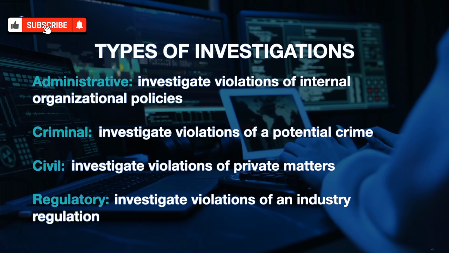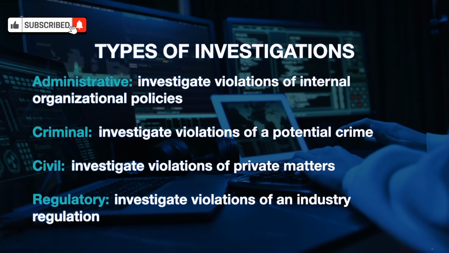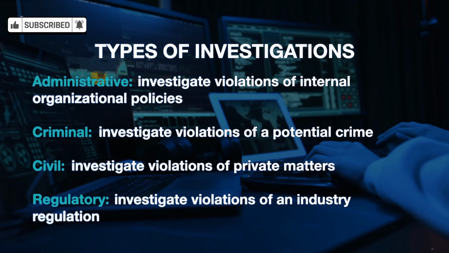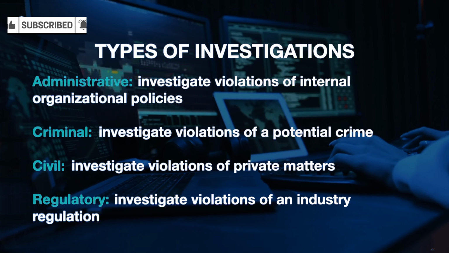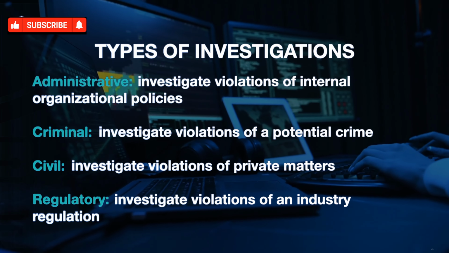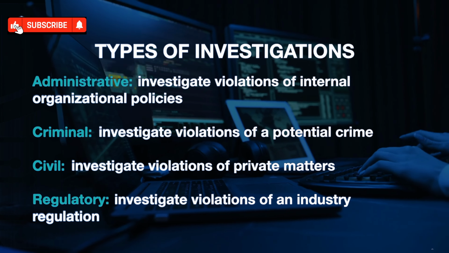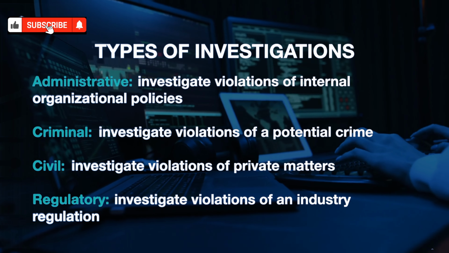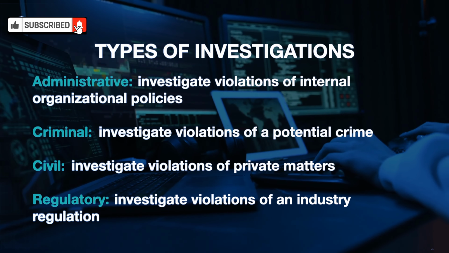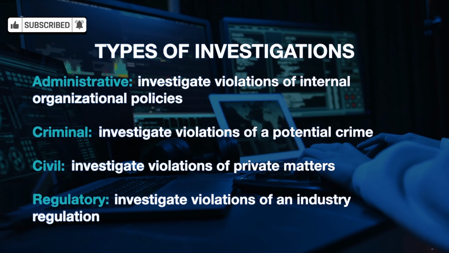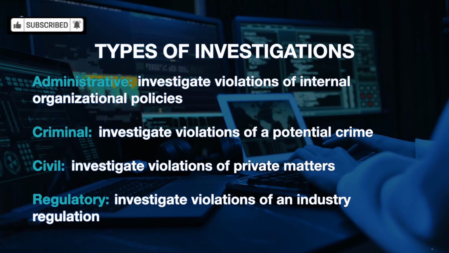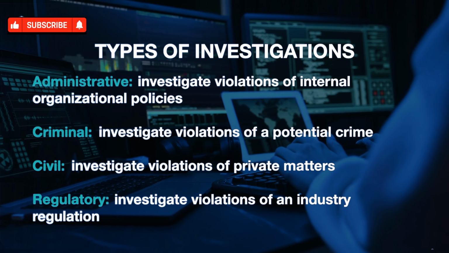Mainly we are looking at compliance. So we are investigating violation of any industry regulation. If somebody has violated a standing law that pertains to your industry, then we would end up doing an investigation.